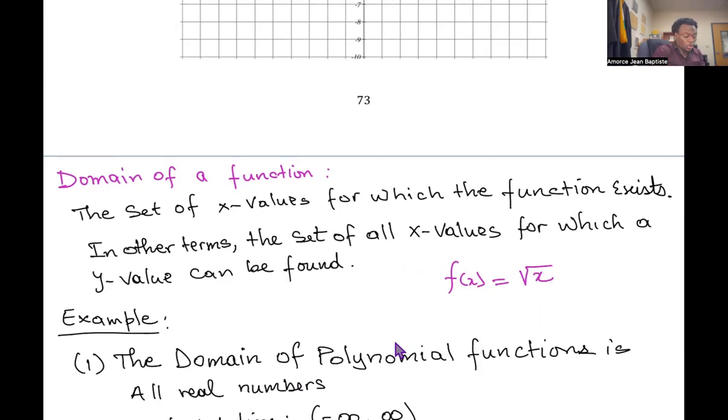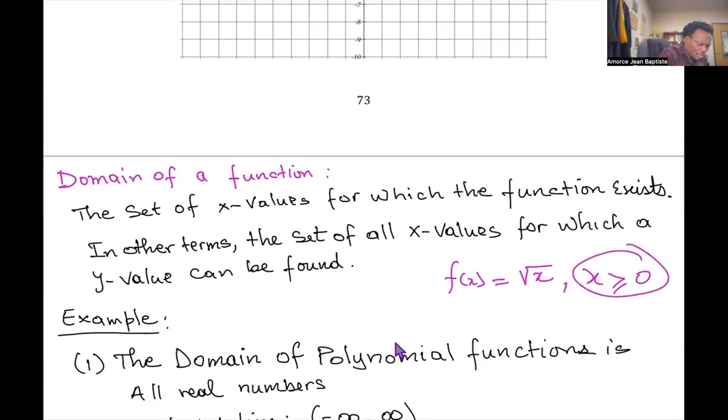So this function will exist as a real number function, or I would say this function will exist only if x would be greater or equal to 0. That's how you would be able to calculate the square root of that x. It has to be greater than 0.